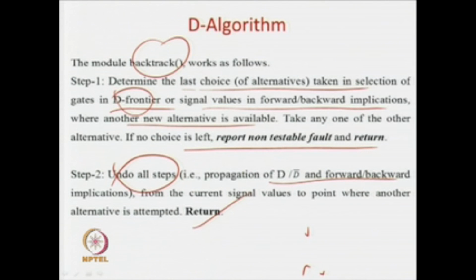So, what does backtrack say? Backtrack says that you undo all these steps till you reach an alternative and then start with another option. In a broader sense, you found an inconsistency, come back to the point where there was more than one choice, make all the signal values x, that is, change the values of signals from 0, 1 or D prime to x, and try another alternative.